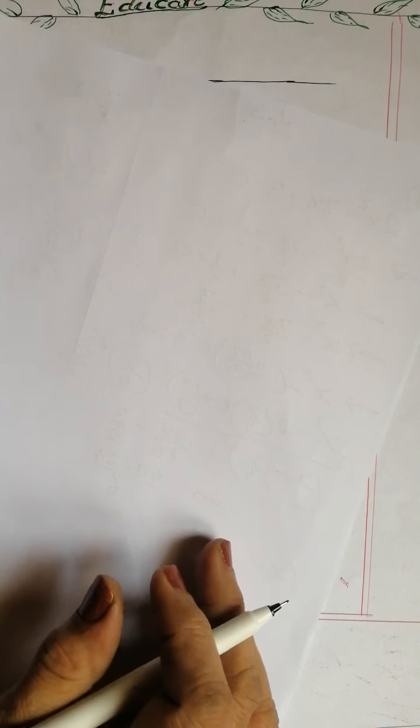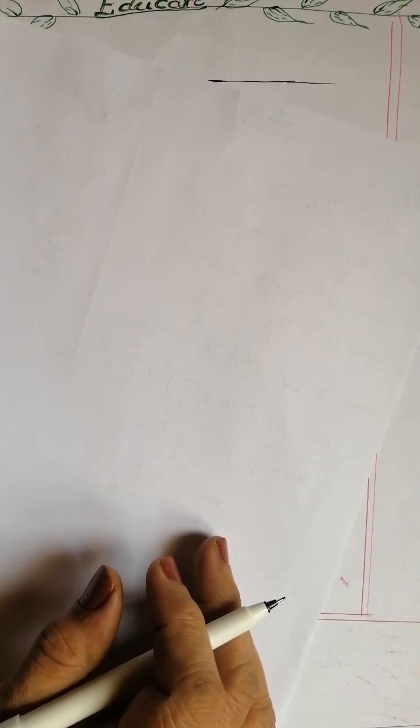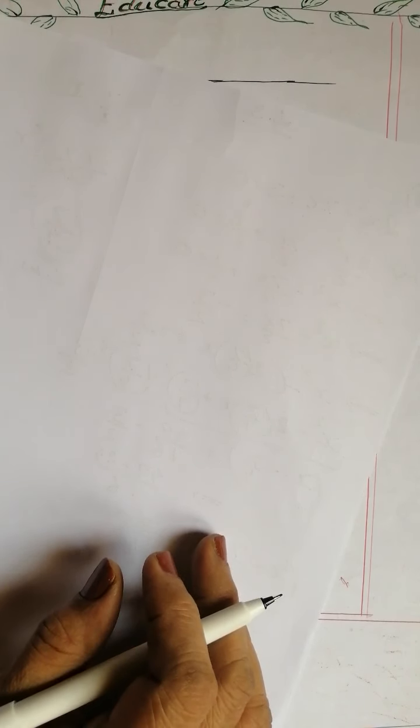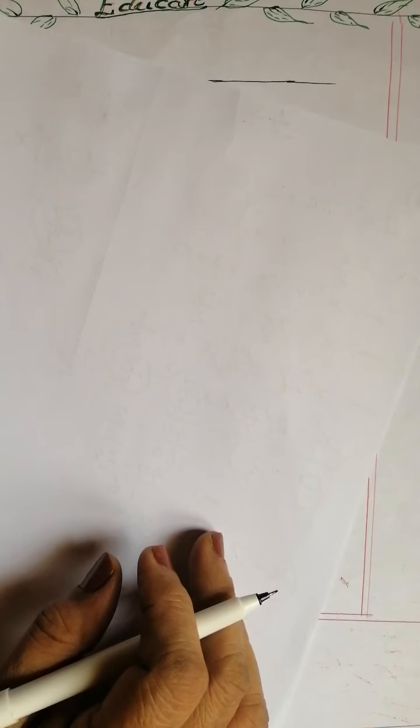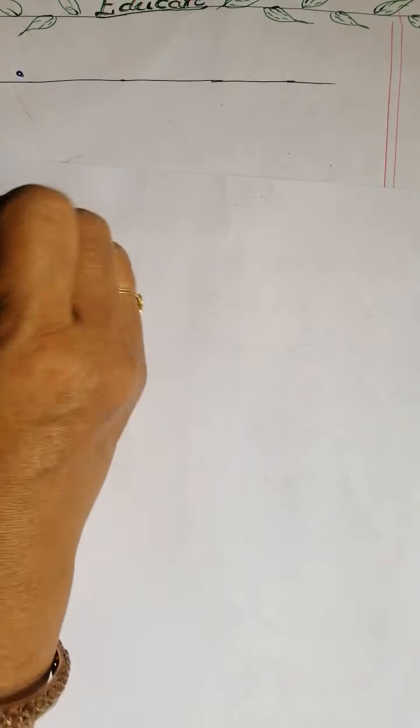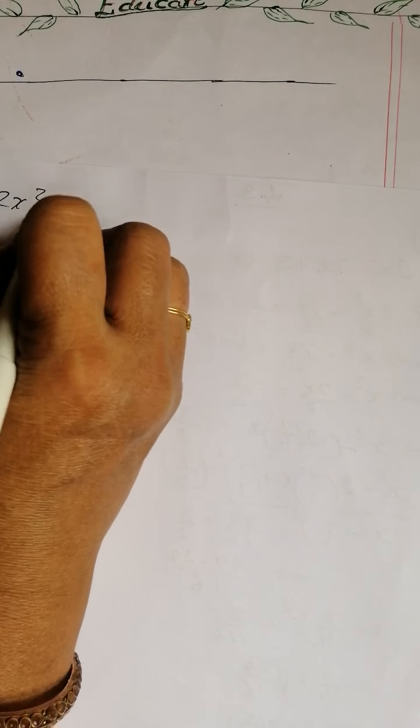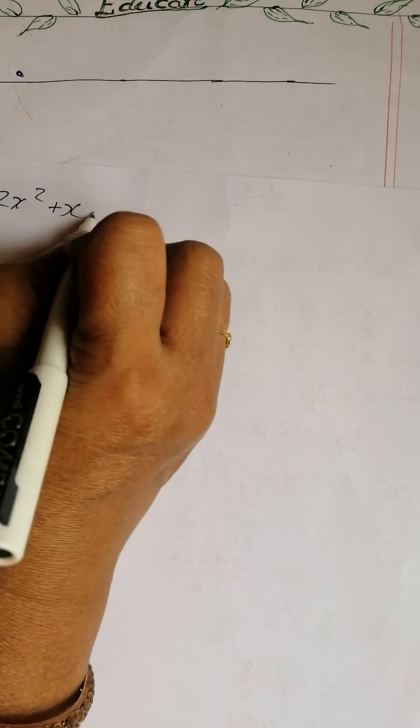What is question number 2? Write the equation. Question number 2 is 2x square plus x minus 4 equals to 0.